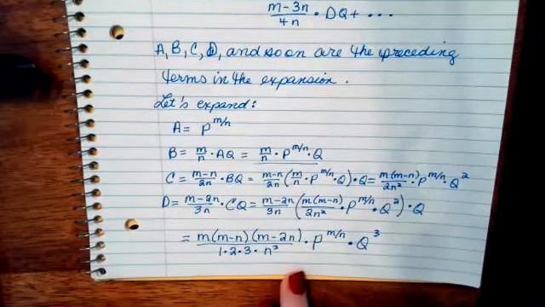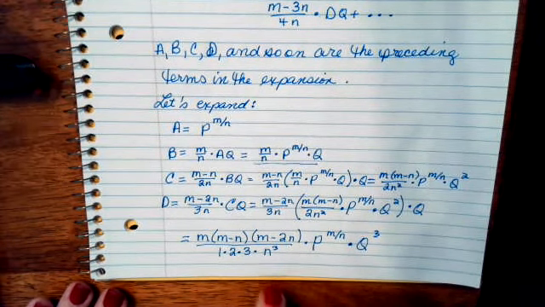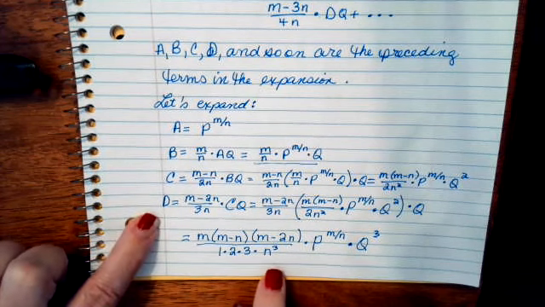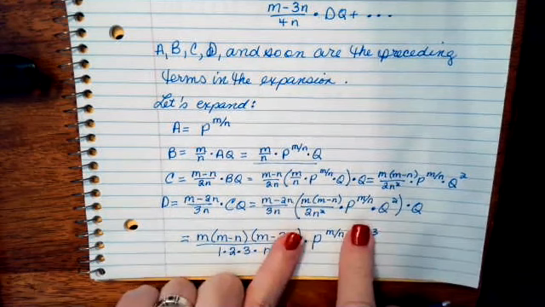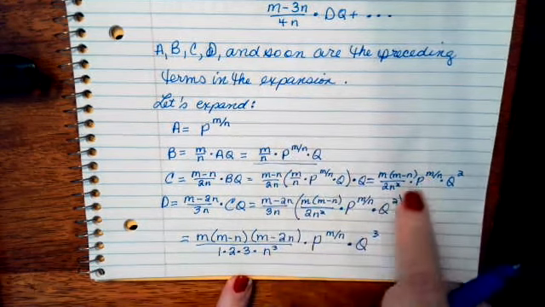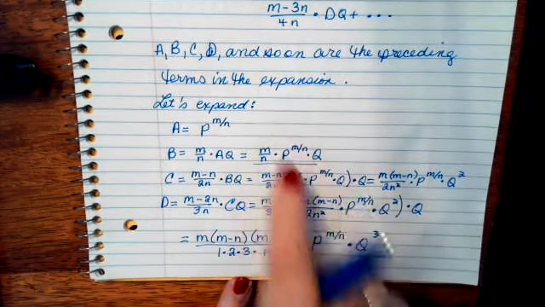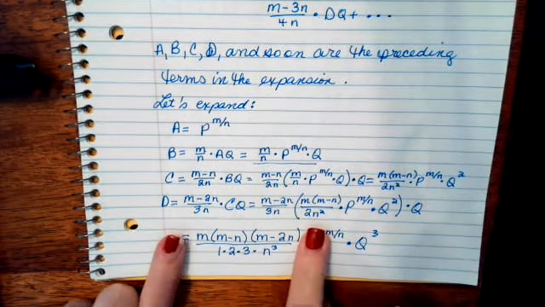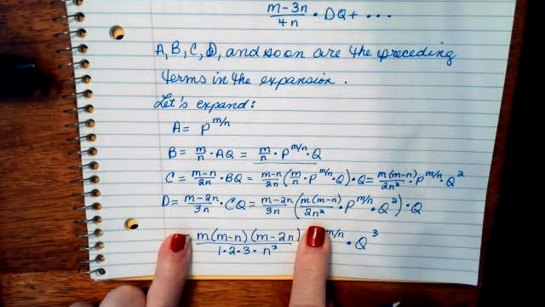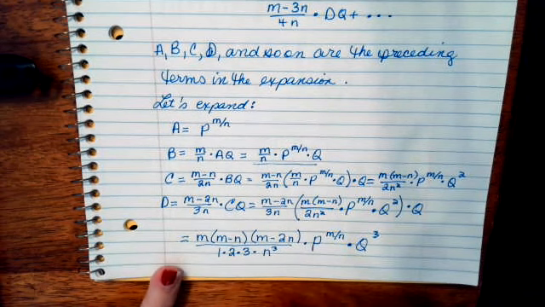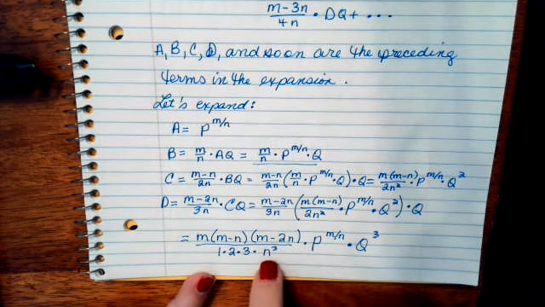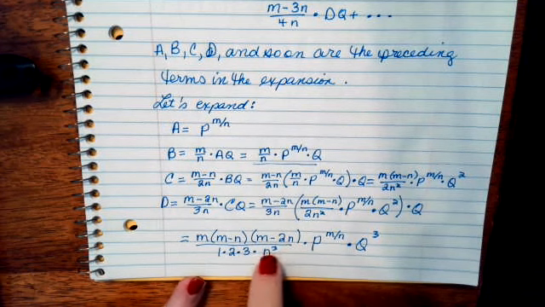All right, now look at all the places where we've got a 3 in that one for the value of D. Q is raised to the third power. P to the m over n, that doesn't change. That stays constant in every single one of these terms. And then that coefficient out in front, it's a fraction. The numerator has 3 terms in it. The denominator has n to the third in it.